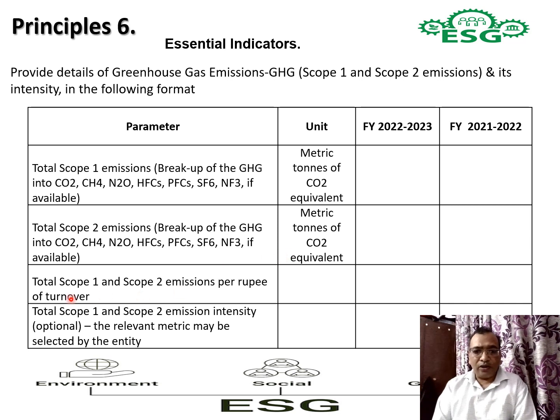Then you have to calculate the total scope 1 and 2 emission per rupee of turnover. You have to take the summation of this and divide it by the turnover of that financial year or previous financial year. You will get the emission intensity of scope 1 and scope 2. Then again they have given optional other metrics. If you want to report in other metrics, you have this row to report.